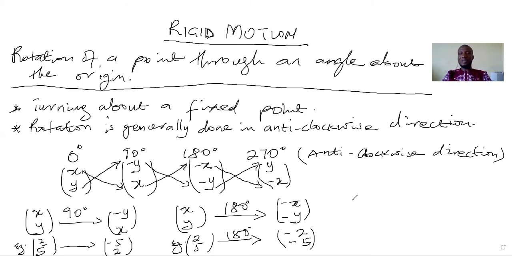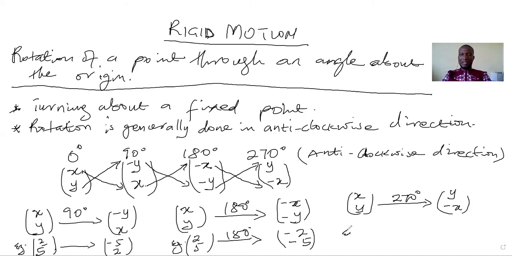This means that when the point (x, y) is rotated through 270 degrees anti-clockwise, the formula will give us the image (y, negative x).